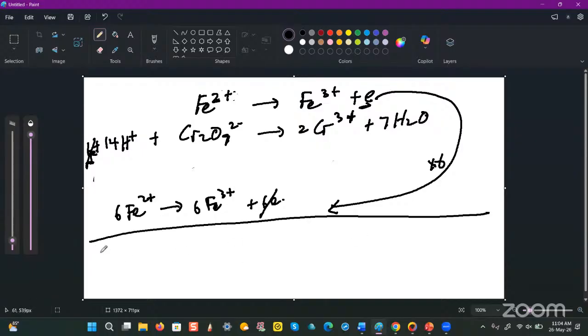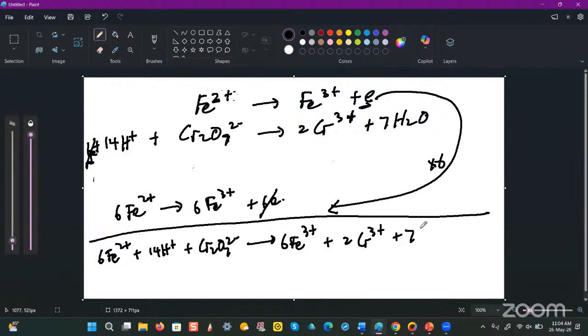So what is left? 6 Fe2+ plus 14 H+ plus Cr2O7 2- to give, on the right side, 6 Fe3+ plus 2 Cr3+ plus 7 H2O. And that, folks, should be the final answer.